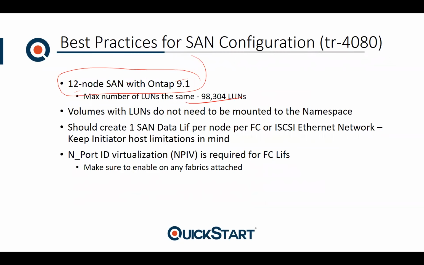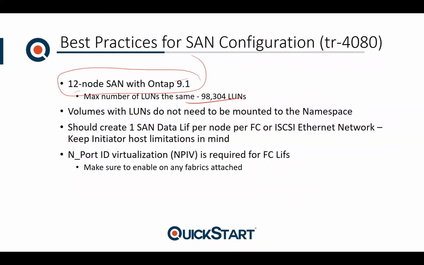So divide 98,000 some odd by 8, and that was the maximum number of LUNs per node. Well, now I'm simply dividing the 98,000 some odd by 12, and that's the maximum number of LUNs per node. So again, slightly different there. So just keep that in mind in your planning. And some of you might never reach those maxes, but I like to make sure we all know what the maximums are.